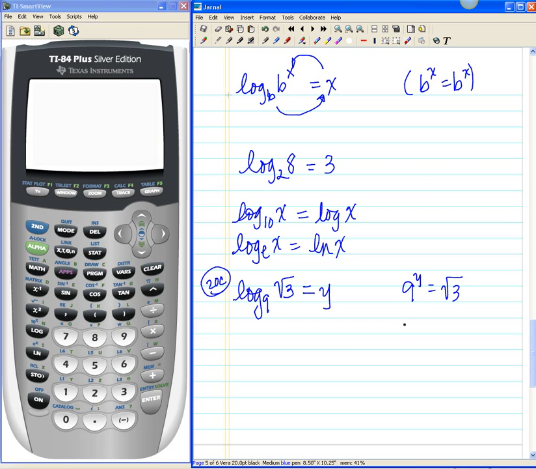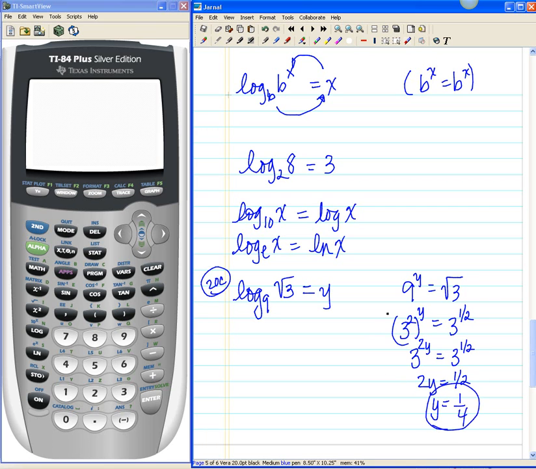So 9 is really 3 squared. So I really have 3 squared to the y. The square root of 3 is really 3 to the 1/2. So this is nothing more than 3 to the 2y is equal to 3 to the 1/2. So since the bases are equal, my powers have to be the same. So 2y is equal to 1/2. And if I divide both sides by 2, I would get y is equal to 1/4.